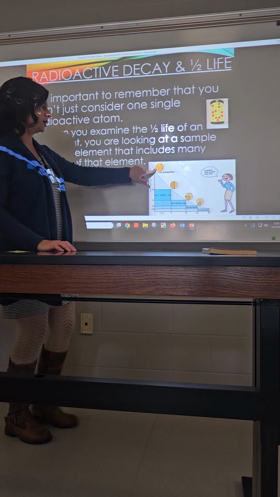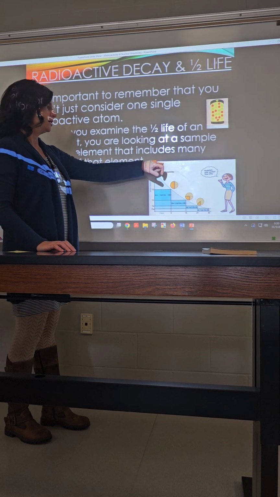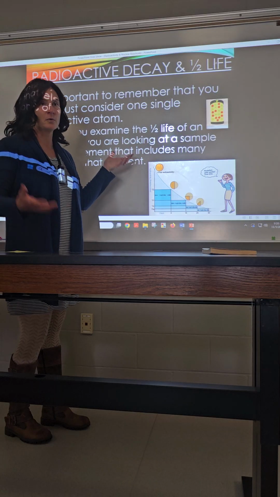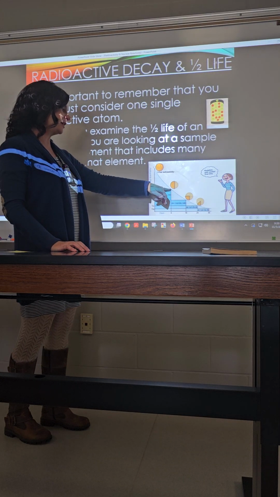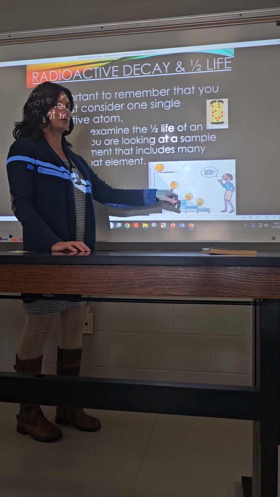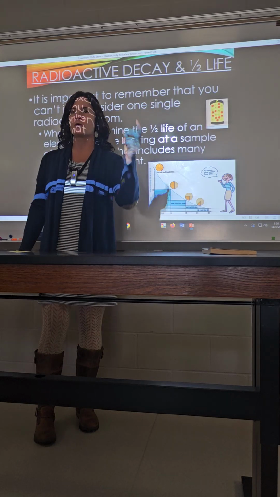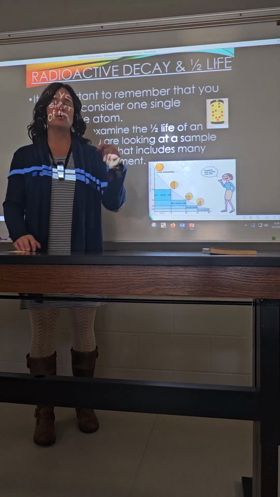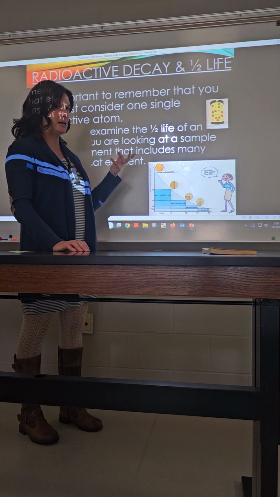So if you look here, this is your original sample amount, showing the full amount, whatever that is. And then in its first half-life cycle, here it's showing at 8 days, half of the sample has decayed. So its half-life is 8 days. So every 8 days, like clockwork, half of that sample that is remaining is now decayed and not radioactive.